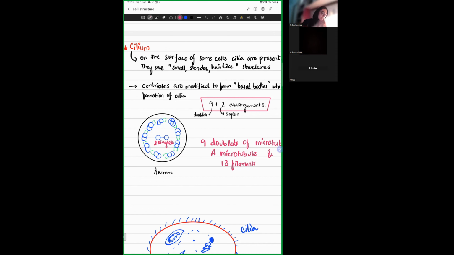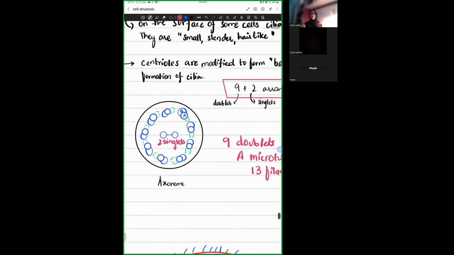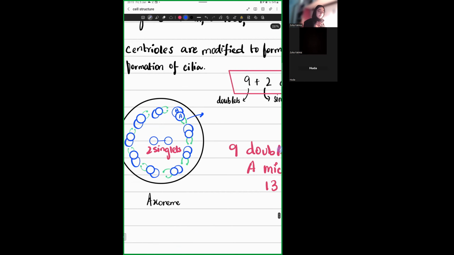And now, every single A microtubule, which has 13 filaments, it has this arm, these heads. If you could see, this looks like an antenna. We have some ant-like structure forming. If I could say, I can call this an ant basically. So every complete microtubule, every single complete microtubule which has 13 filaments, it has 2 arms on it, and they are basically dynein arms.